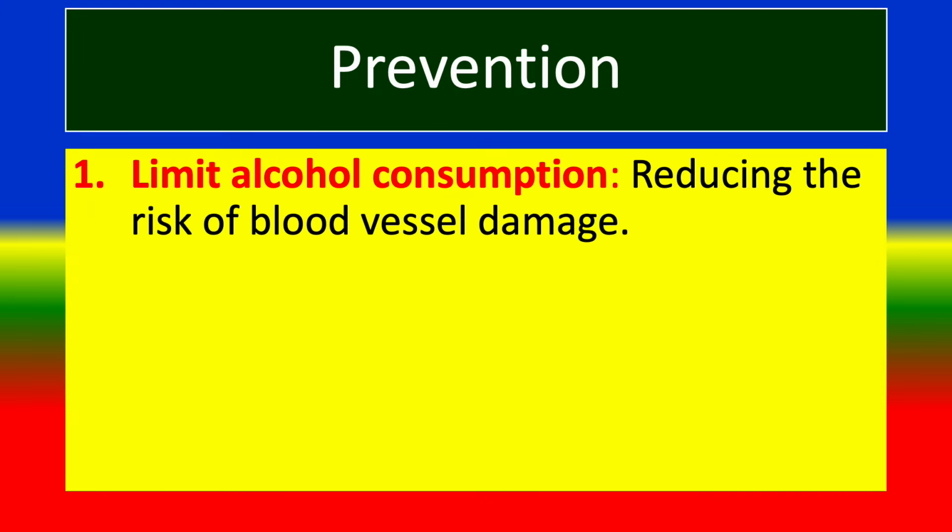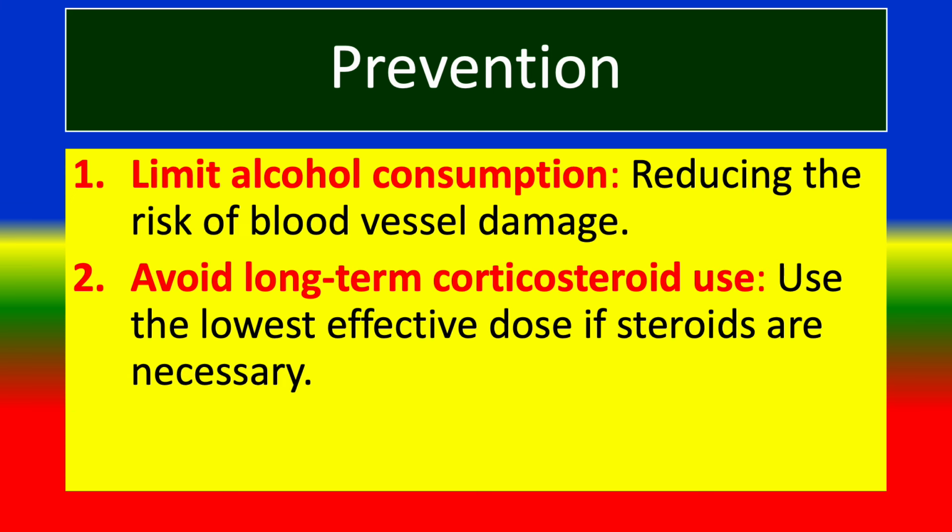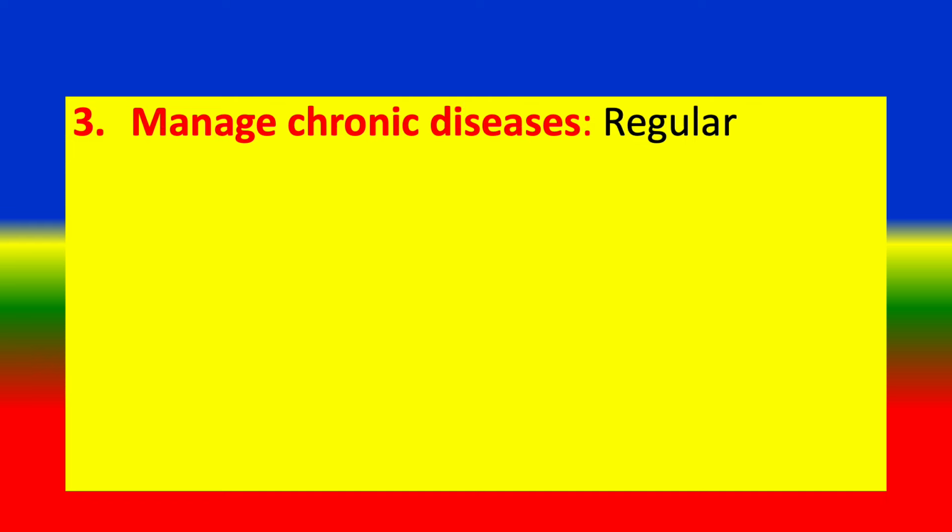Prevention. 1. Limit alcohol consumption to reduce the risk of blood vessel damage. 2. Avoid long-term corticosteroid use. Use the lowest effective dose if steroids are necessary. 3.